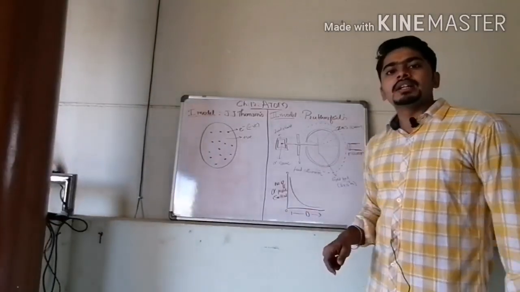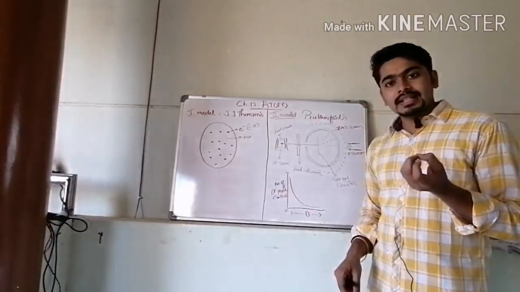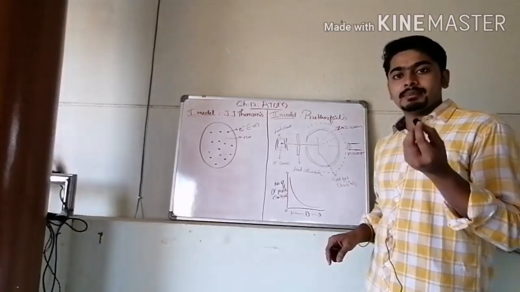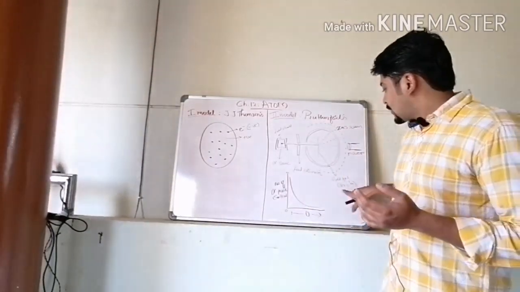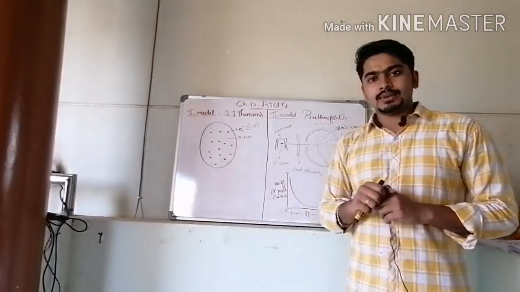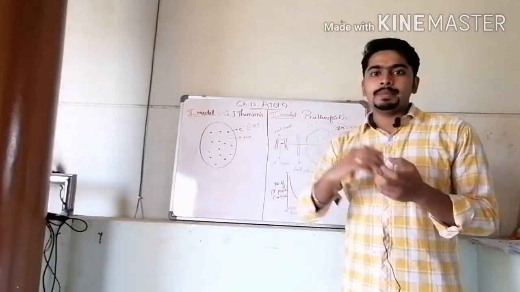Here a gold foil is used, with a thickness of 2 × 10^-7 meter. That much thin gold foil is used. Because if I use gold foil of a higher thickness, the concentration of gold nuclei will be higher.